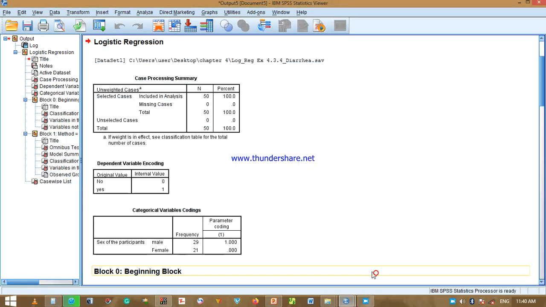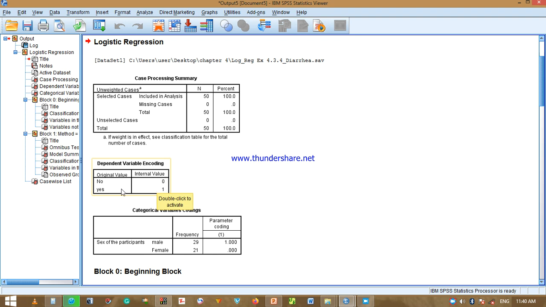Okay, so this is the outcome. The case processing summary tells you information regarding what variables were entered and the number of participants and so on. We just look at it for the sake of getting some information. The next table tells you how the dependent variable was coded.